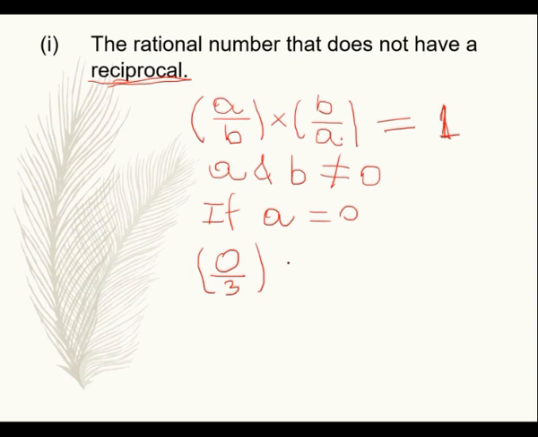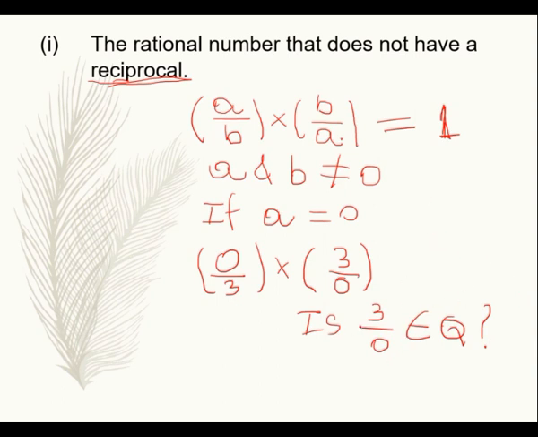Then to get reciprocal, I have to make its denominator as numerator, its numerator as denominator. Now tell me, does 3 by 0 belong to the rational number set? This is the question that comes.